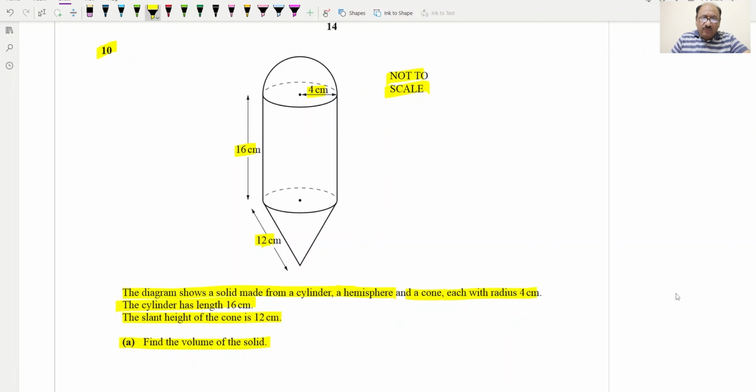So for volume of solid, we have three shapes. So we can apply basically formula for this one. These formulas are already provided.